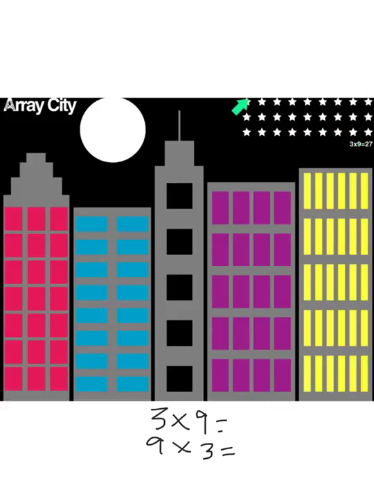So the total stars here, 3, 6, 9, 10, 11, 12, up to 27. So it doesn't matter how I write it, 3 times 9, 9 times 3, my answer is still going to be 27. Because it doesn't matter how you mix those up, they're still the same amount of stars, okay?